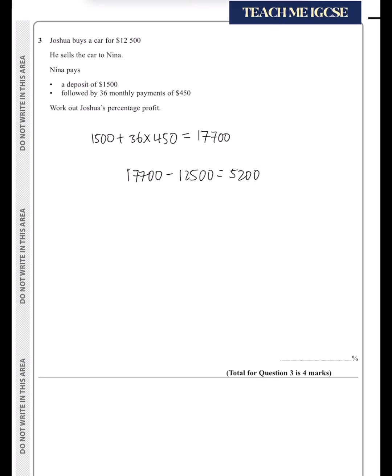And we're looking for percentage profit. So we do 5,200 over 12,500, multiply by 100 to calculate the percentage. And that gives us 41.6%. And that's our answer.